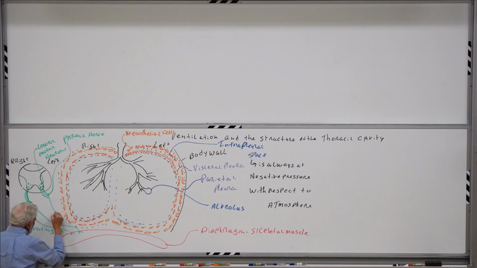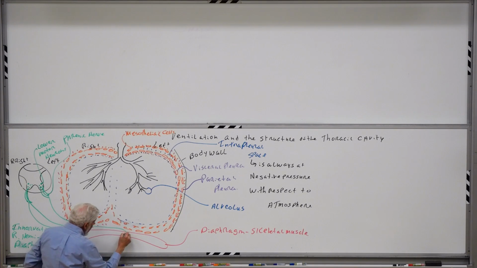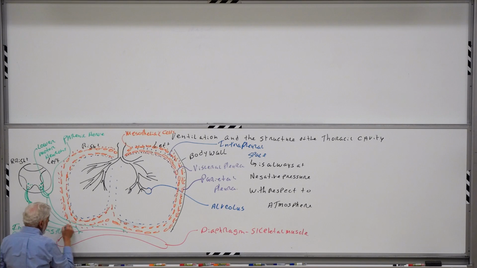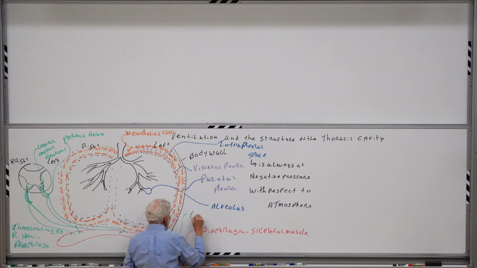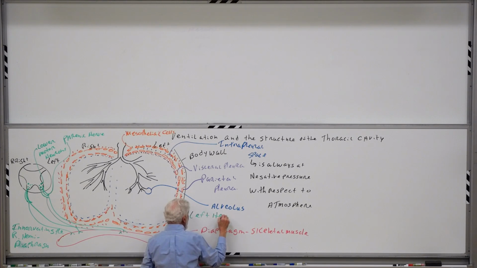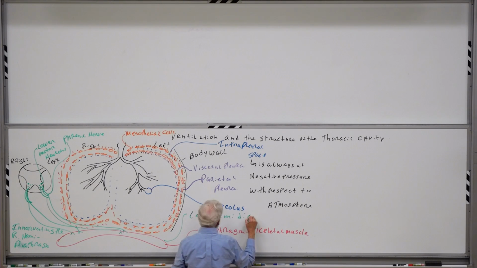And from the left side, these lower motor neurons are going to innervate the left hemi-diaphragm.